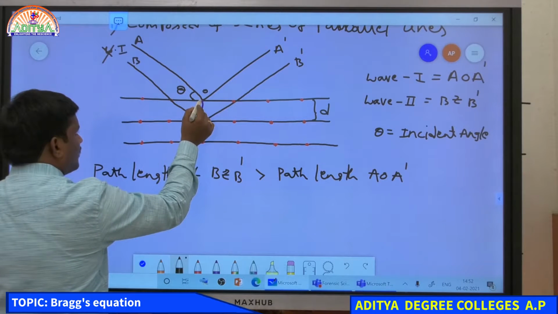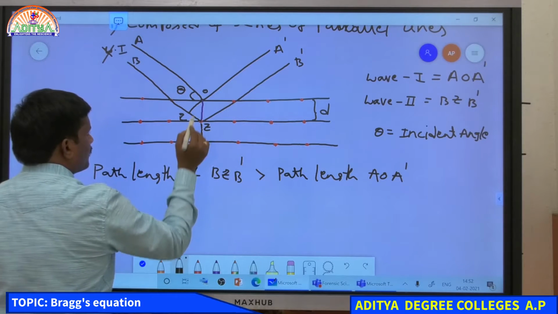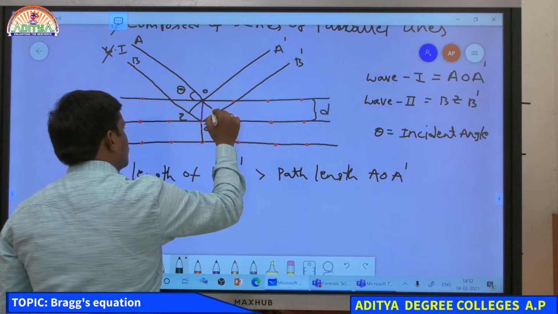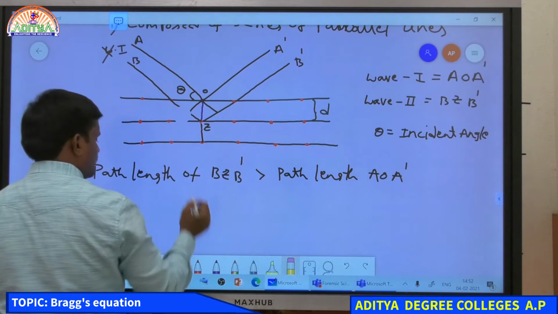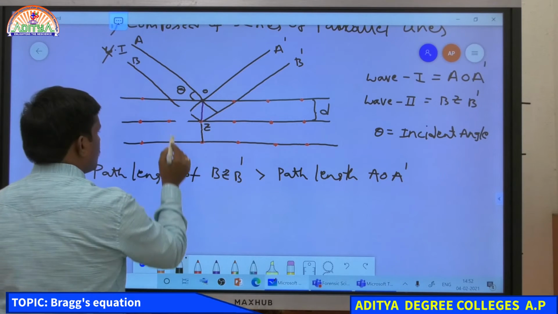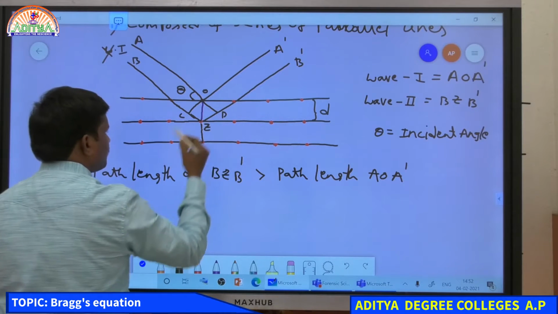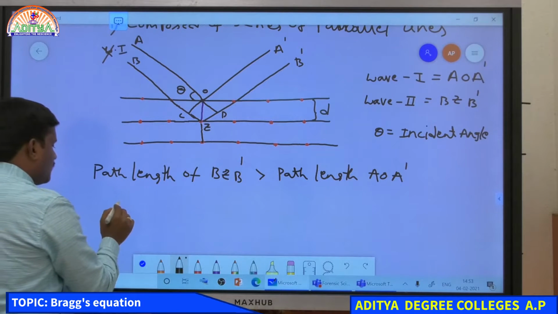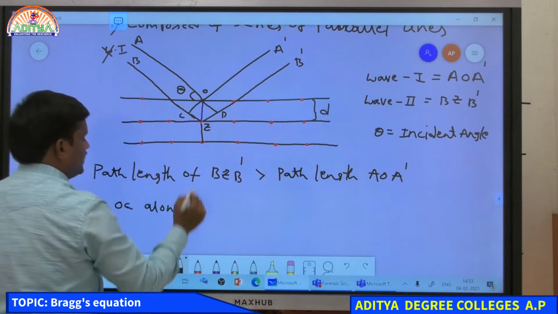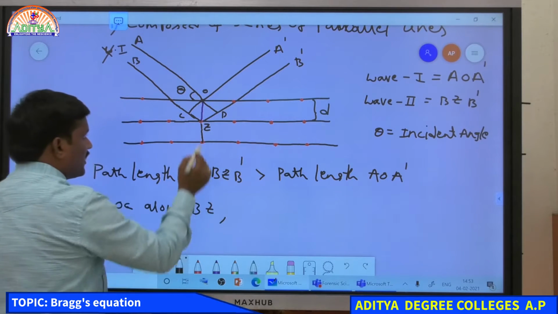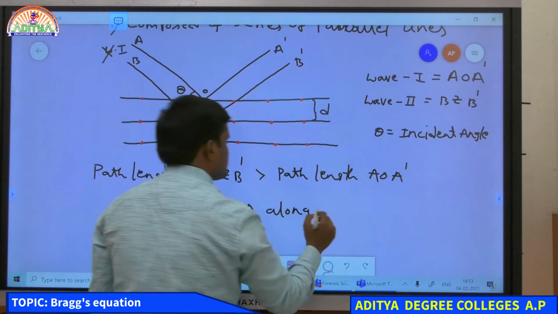Here I draw a perpendicular from O to Z. Since Z is already taken, I take this point as C and this as D. So I draw the perpendicular OC along BZ, and one more perpendicular OD along ZB dash.